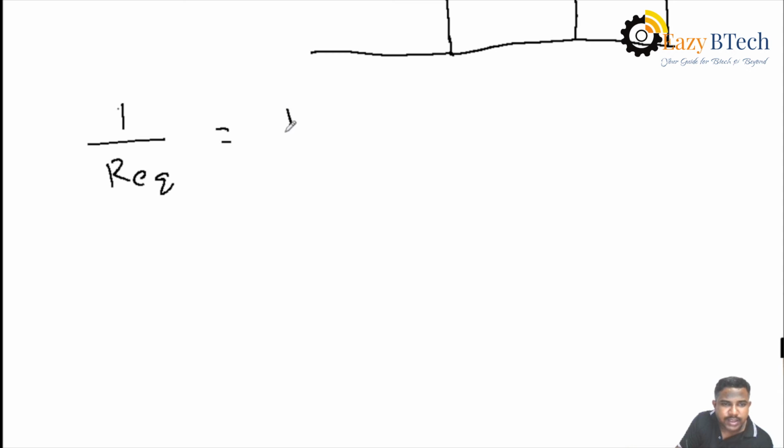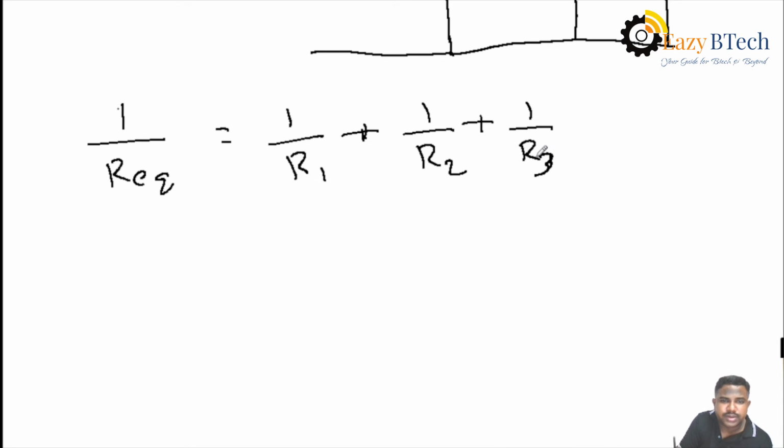So the equivalent value is 1 by R equivalent equal to 1 by R1 plus 1 by R2 plus 1 by R3. This is the formula for resistances in parallel connection. Don't remember it wrongly: most of the students write R equivalent equal to 1 by R1 plus 1 by R2. It is wrong.